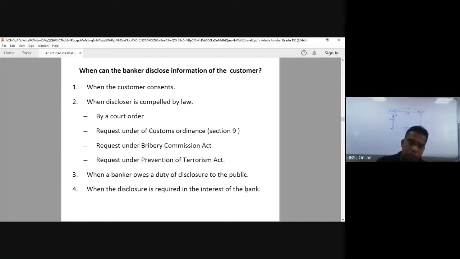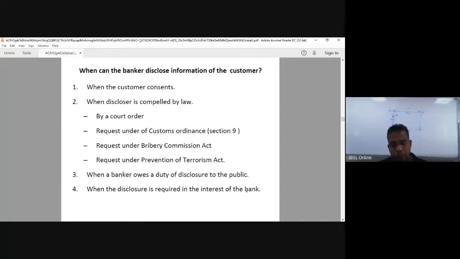However, since the money in this account is illegal money, the bank has a duty to inform the law enforcement authority for the interest of the bank. Otherwise, if you keep silent, they can find fault with the bank.